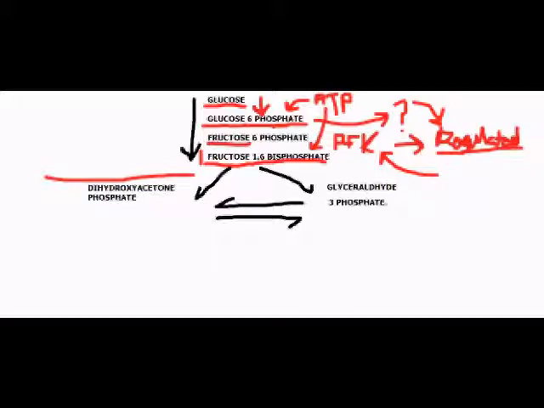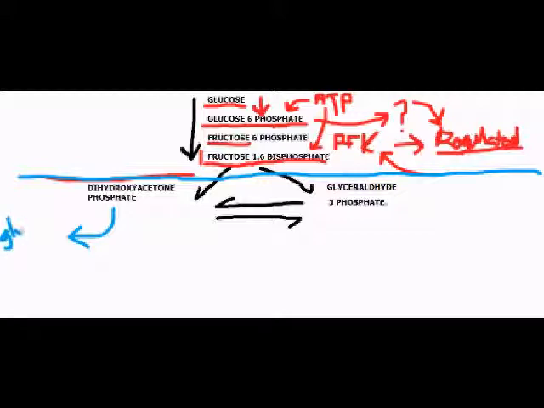Now, the next step in the glycolysis pathway. I'll just underline the fact that we've just changed colour and that we've just gone through the first major part. There is a division of fructose 1,6-bisphosphate into dihydroxyacetone phosphate and glyceraldehyde 3-phosphate. These two components act in dynamic equilibrium between each other.